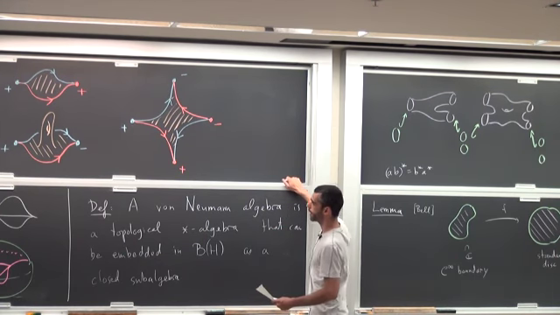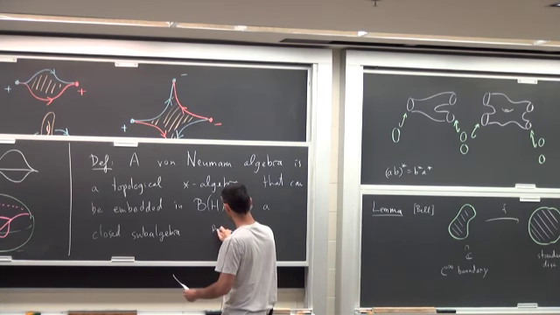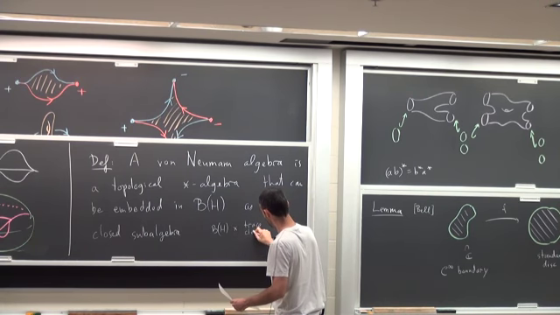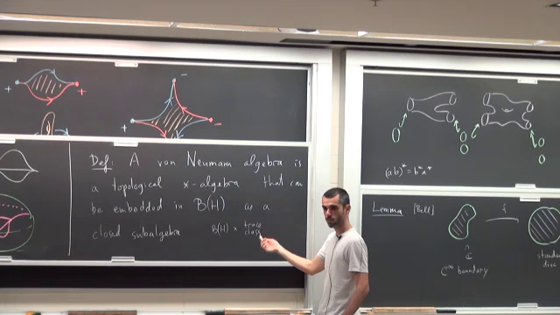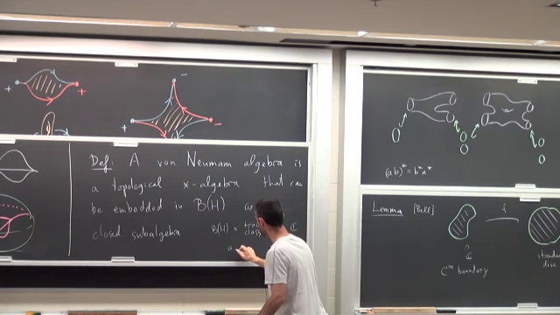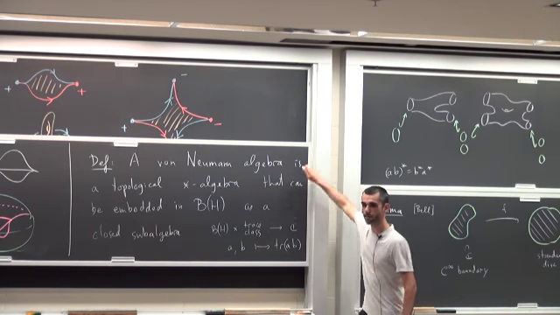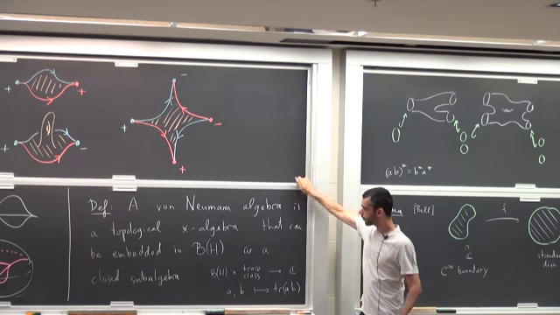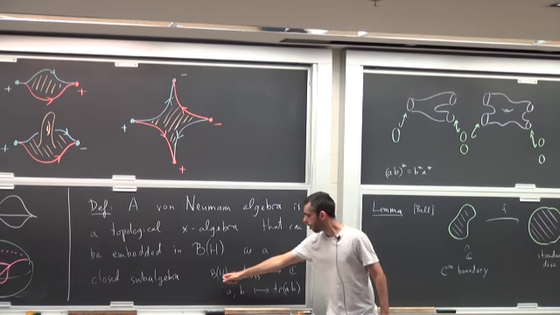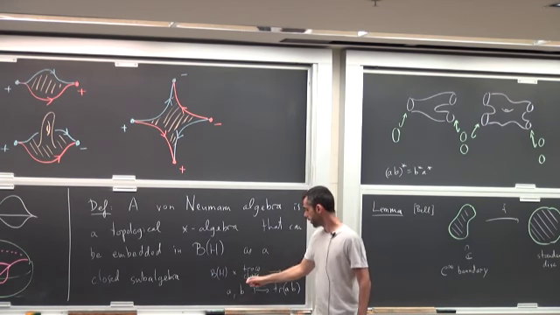One way of defining it, I'm running a bit out of time, so I'll just give you the short way, is to say that there is a pairing between bounded operators and trace class operators given by sending (A, B) to the trace of the product, A times B. Whenever you have a pairing between two vector spaces, there is an induced topology, and I care about the induced topology on this. So it's a topology induced by the pairing.